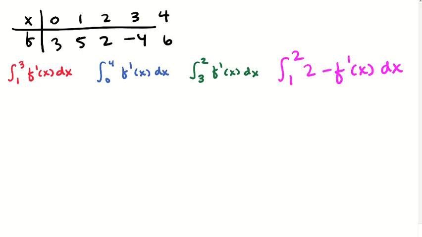So I've found an antiderivative for f prime, that's f of x. We're going to evaluate that from 1 to 3, and that means I'm going to have f of 3 minus f of 1. Those are pieces of data from the table. Here's f of 3 and there's f of 1. So that's going to be negative 4 minus, oh no, that's not f of 1. That's f of 1. Negative 4 minus 5 is negative 9.